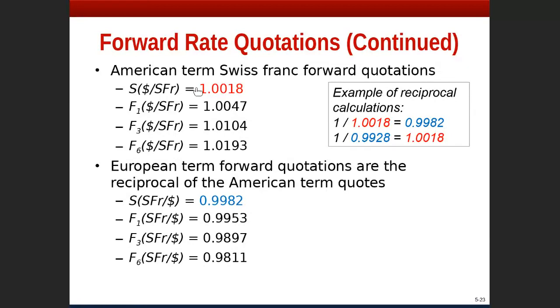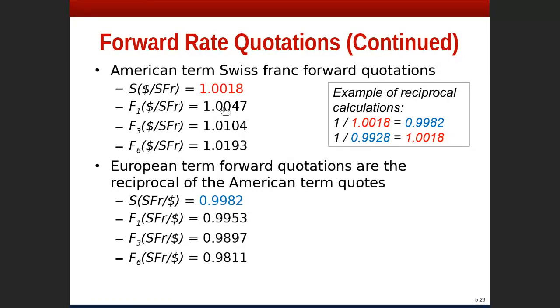Now, this is the spot rate, and these are forward rates. This is the 1 month forward rate, the 3 month forward rate, the 6 month forward rate. Then if you take the reciprocals, you get these numbers here. You take the reciprocal, you get 0.9982, which is the same number here.